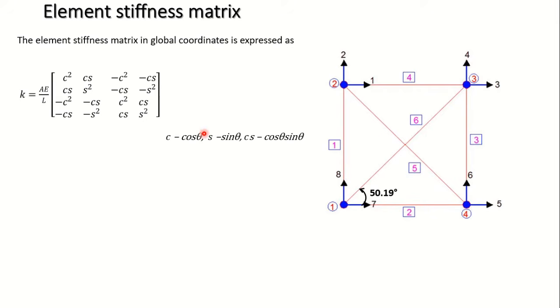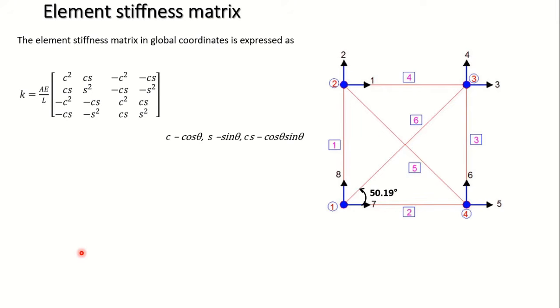So accordingly we will be choosing the value of theta and the values of A, L, and the modulus of elasticity. Let us apply this for each of our elements. I'll be applying this relation for each element in this truss, and we'll develop the element stiffness matrix with respect to the global coordinates.